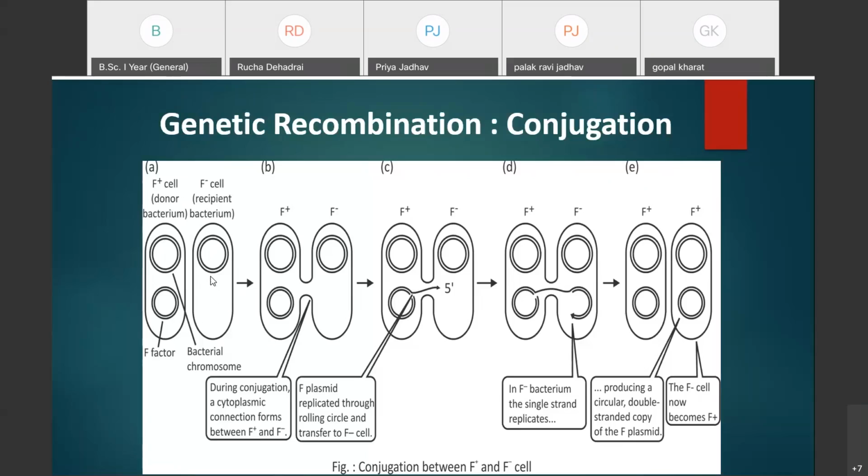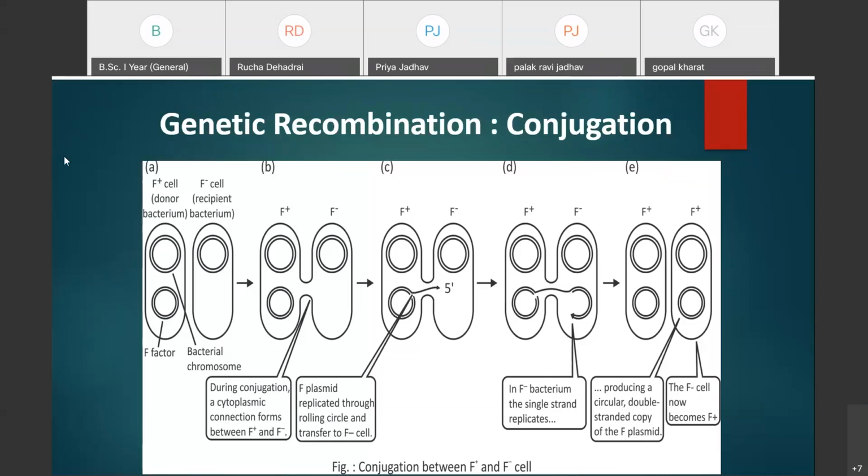But some of the plasmids lack the genes for the transfer, and that's why such plasmids are transferred by other plasmids which carry the genes necessary for the transfer.